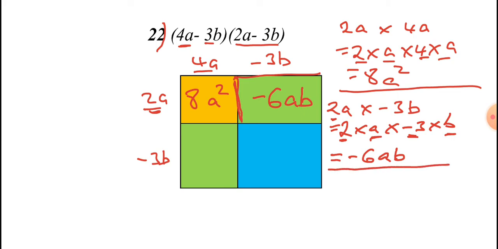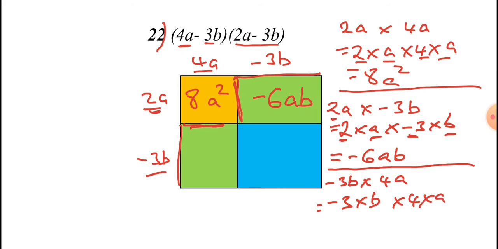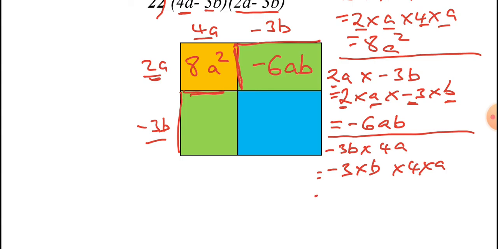And now I can see here minus 3b times 4a. So it's minus 3b times 4a, which is the same as saying minus 3 times b times 4 times a, which is minus 3 times 4 is minus 12, and then b times a is ba, but it's better to write in alphabetical order, so it's minus 12ab.